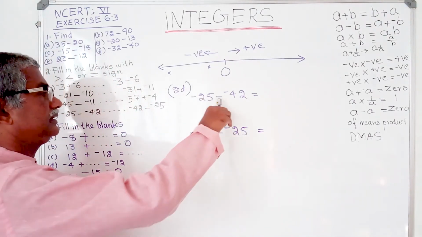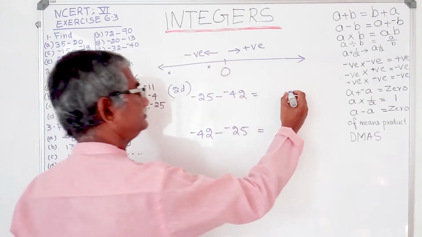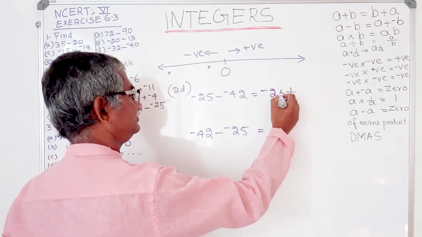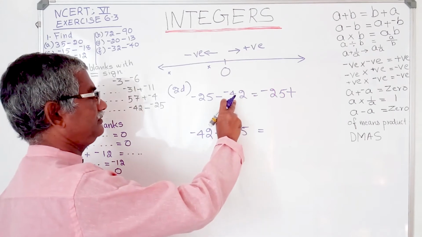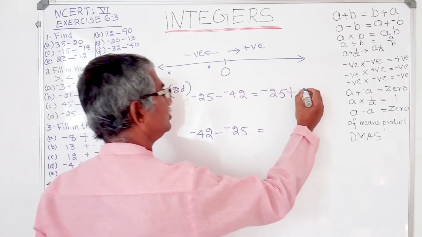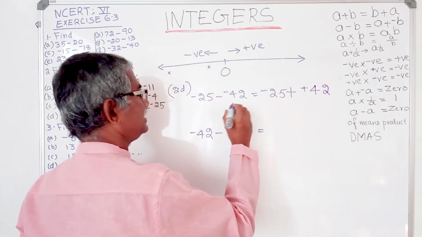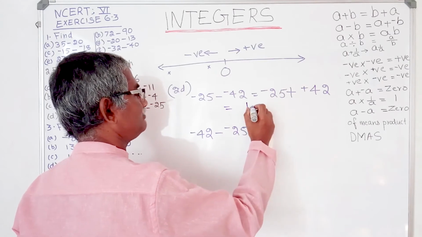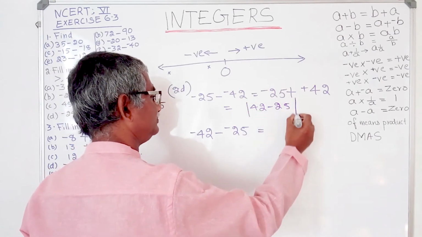Look, here subtraction, need to change it to addition. First term not changed. Second term taking the additive inverse, negative 42 to positive 42. One is negative, the other is positive, taking the difference of absolutes. 42 minus 25.